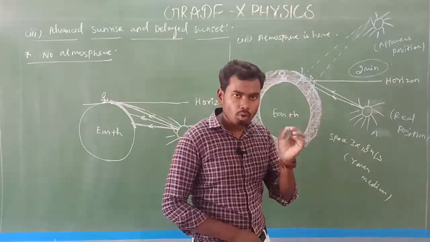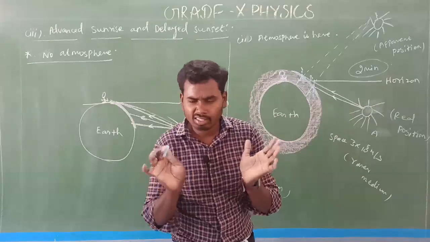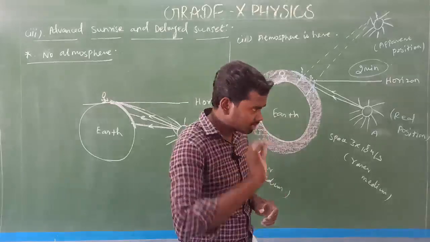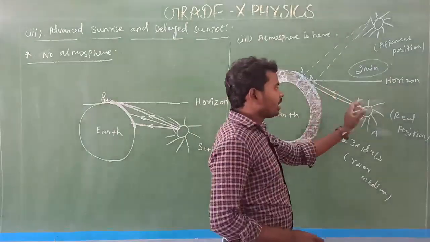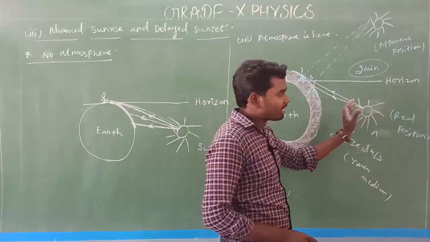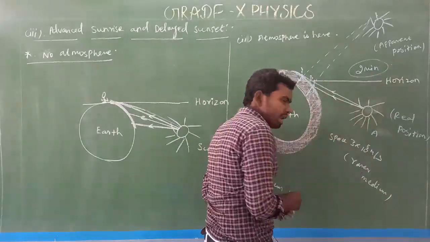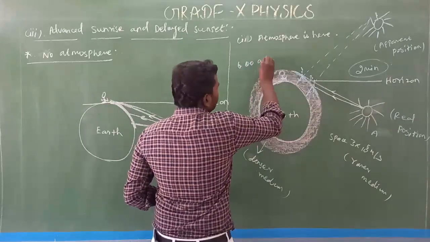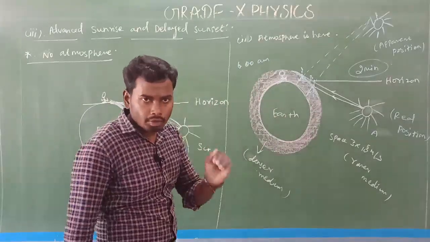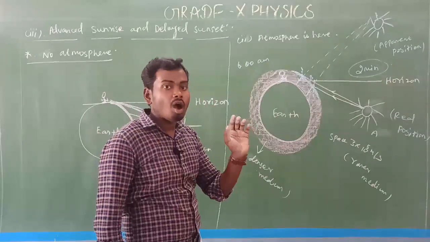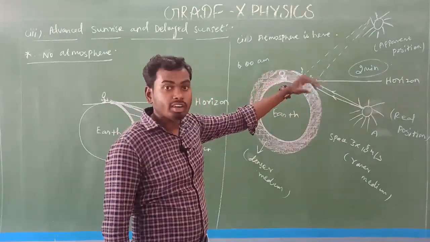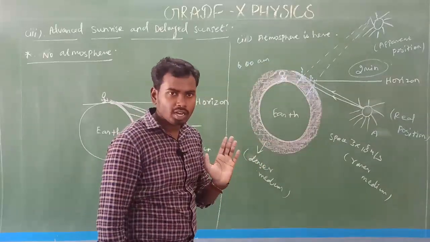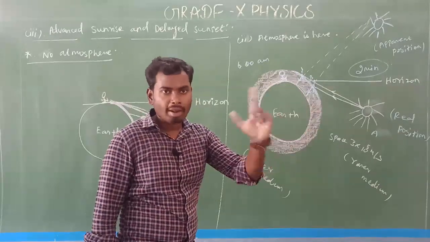How much time? Around 2 minutes. Exactly we cannot say. Which means if the original position of the sun rises over the horizon at 6 a.m. sharply, we can see the sun's position 2 minutes before.